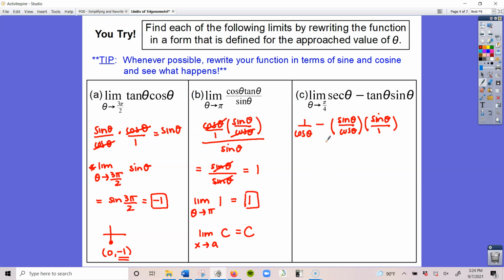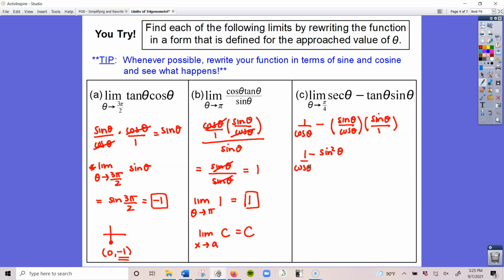So now let's rewrite this. I know it looks messier than the original one, but you're going to see what's going to happen now. This is 1 minus sine times sine, which is sine squared theta. And everything is over cosine, as you can see here.